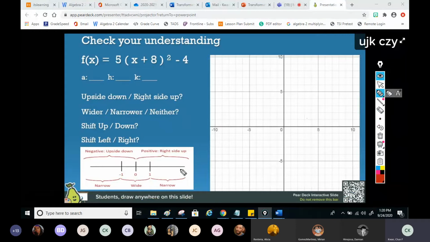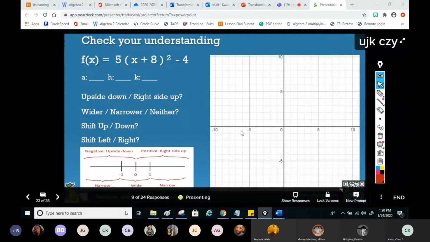And then also mark the number A. Whatever number A is, I want you to mark it on this number line. And then go ahead and sketch the graph right here. So this is a little bit challenging. I will give you guys, how about 5 minutes to work on this? So go ahead and jump to Peardeck and give it a try, please.